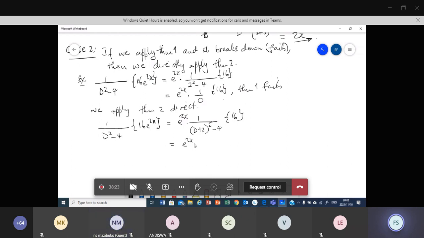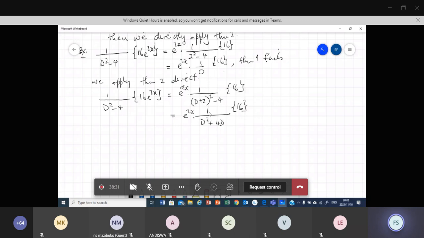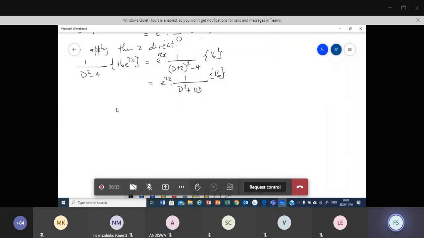That gives us 0. We have seen something like that before. So this becomes e to the power 2x, 1 over D, D is common, and we're left with D plus 4. The action is on 16.